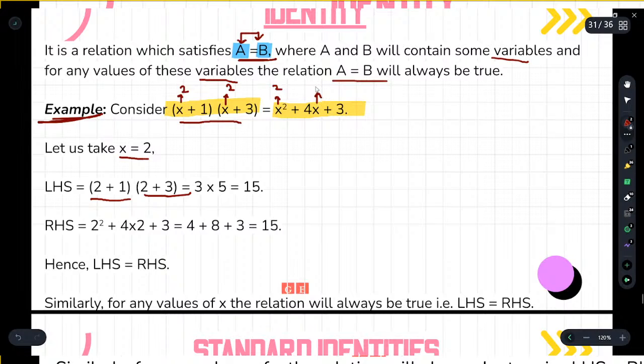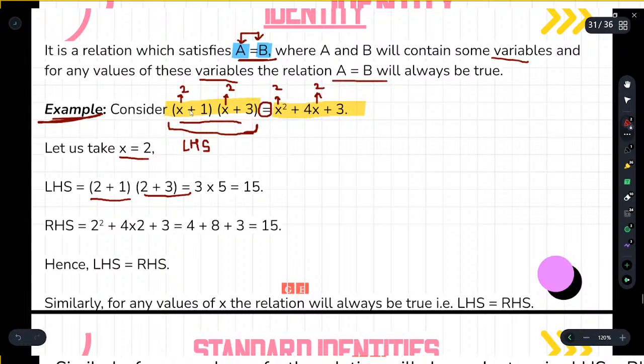In place of this x also, I have written 2. So let's first of all consider this left hand side equation. It is on your left hand, right? It is on the left side of this equal to sign. That's why we call this LHS, left hand side. So x plus 1 into x plus 3 is the LHS.